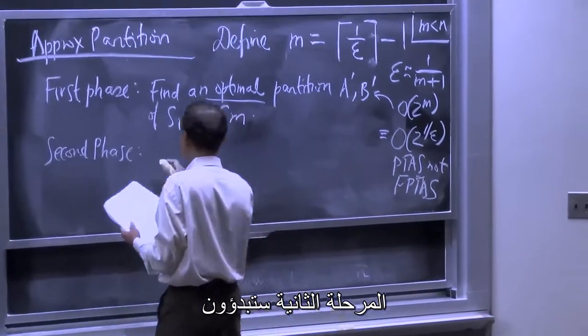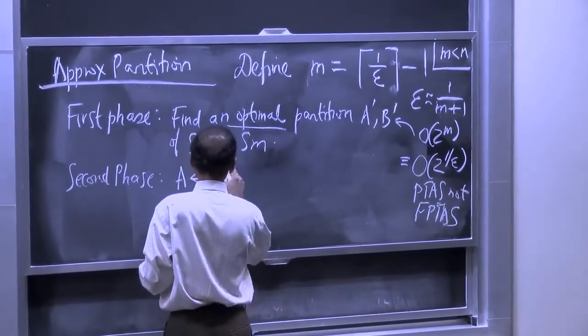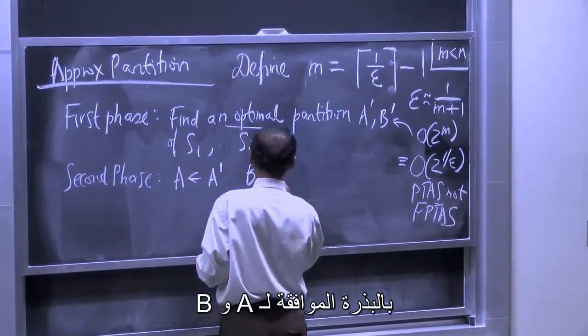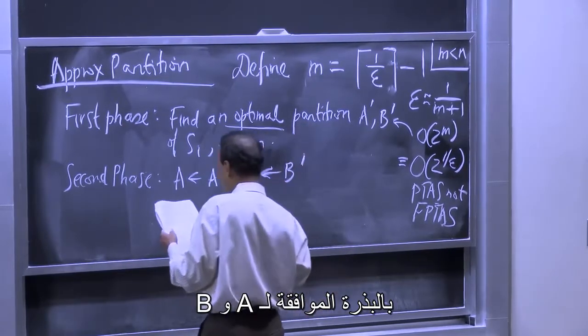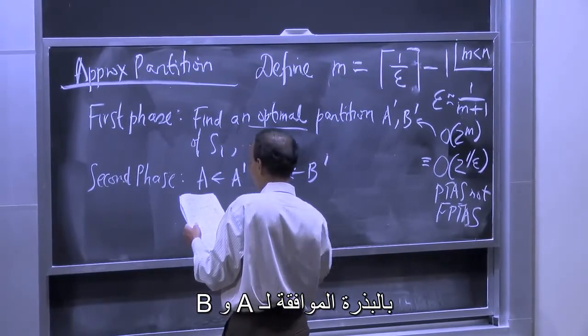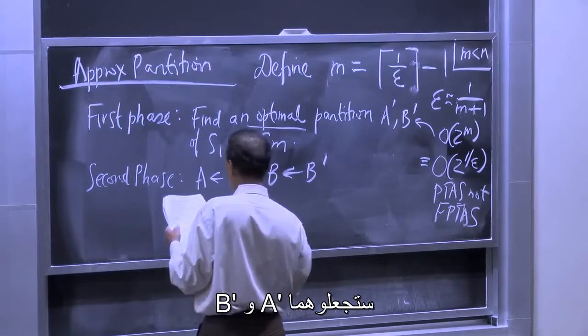So the second phase is you're going to start with your seed corresponding to A and B. You're going to set them to A prime and B prime.